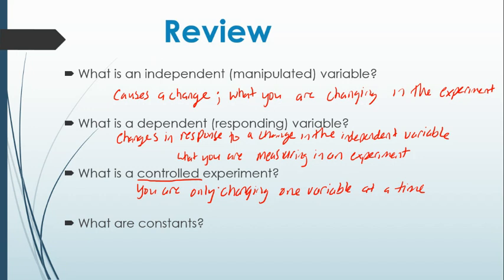So typically that variable that you're changing is called the independent variable. Like we put up on the definition above, what you are changing in the experiment. You do not want more than one thing changing in an experiment because you want to know what's causing the effect that you want to see. If you change both sunlight and amount of water, well, which one's causing the plant to grow more? So we can only stick to one variable.